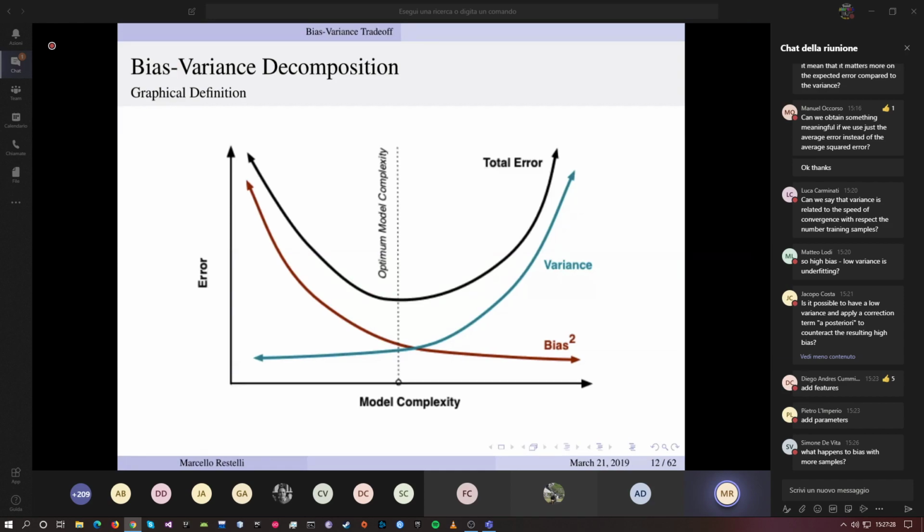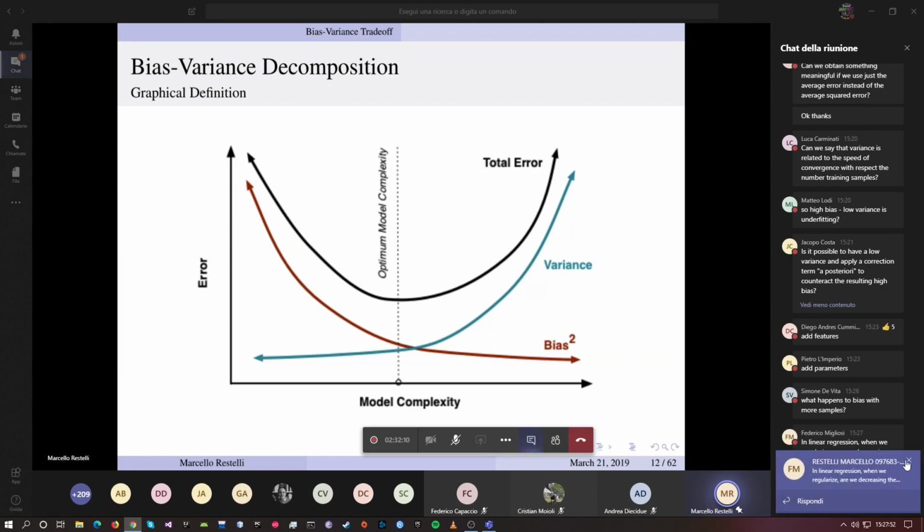And since the error is the sum of the bias squared, the variance, and the irreducible error, which, as we have said, we are not interested in because it is constant with respect to the model complexity and so is something on which we cannot operate, what we are interested in is the sum of the bias squared and the variance, the black line.